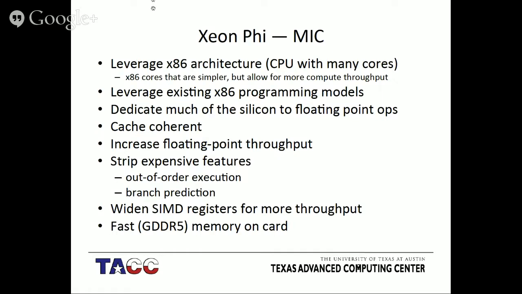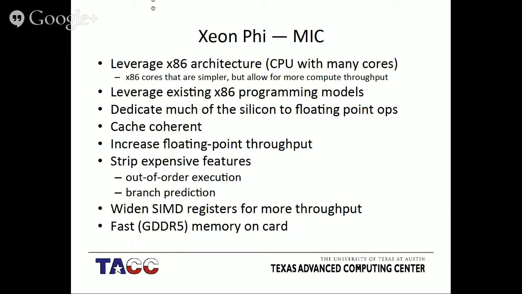Okay, so Intel is a big x86 shop, so they only do x86, and so it's not surprising that they built this accelerator or coprocessor also based on x86 architecture. And by doing so, they've created something that looks very much like a CPU, but it has just more cores than you find on your host.